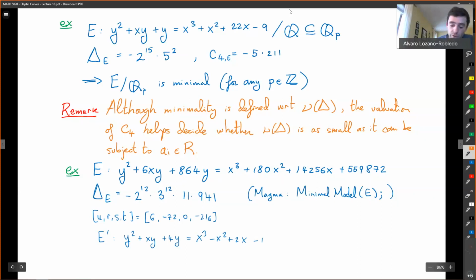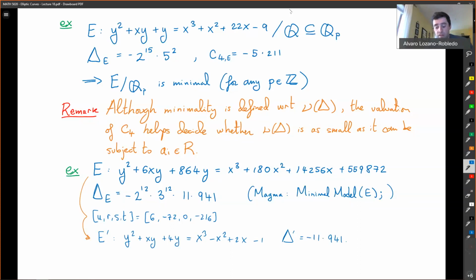This change of variables brings you to this equation. And now the discriminant of my new model is minus 11 times 941. So we see that now this is an equation that is minimal at all primes. In fact, the way I constructed this was starting from an elliptic curve with coefficients 1, 2, 3, 4, 5.